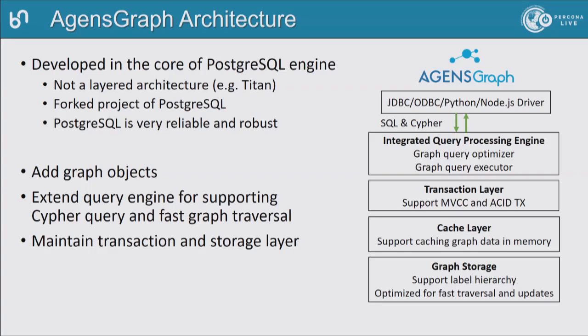To implement it, we modified the query engine, including parser, optimizer, and executors. But we tried to integrate Cypher with the SQL query engine seamlessly. We maintained the storage and transaction layer of PostgreSQL, so most of PostgreSQL's external modules and extension modules can be used with AgensGraph too.